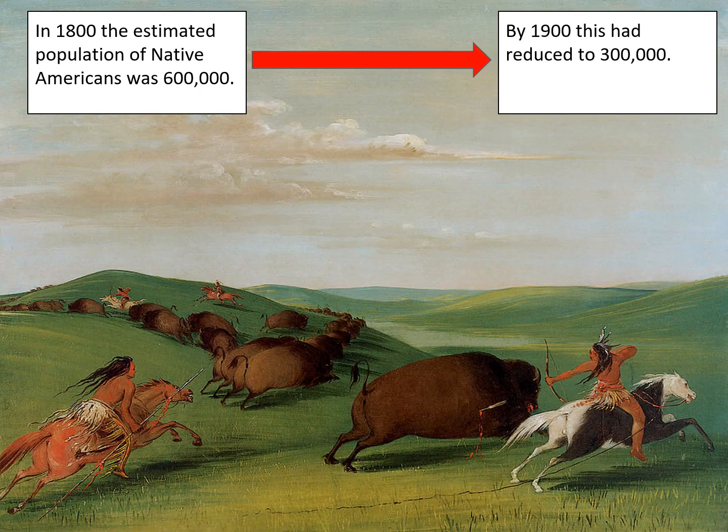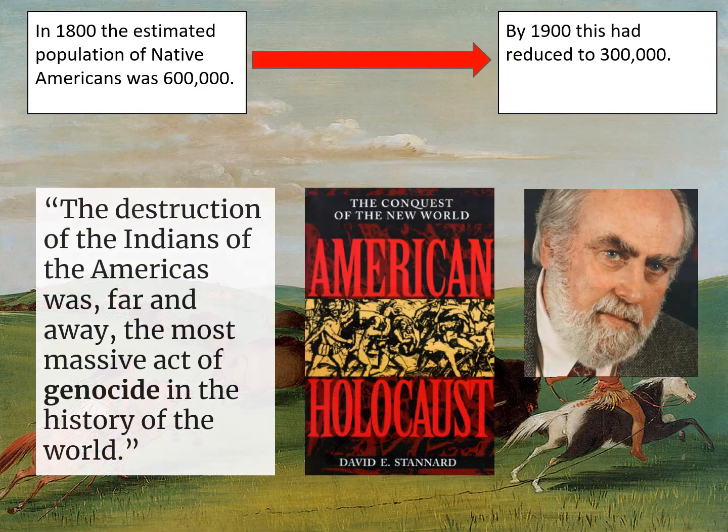And some people, some historians, now actually say this is a genocide. That there's a genocide of these indigenous people throughout this period. And so that's why I wanted to start with the indigenous people before we look at the white settlers, because it's important to think about the people that were already in these regions before other people started moving in.